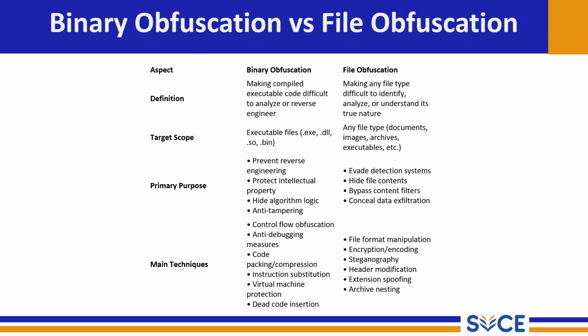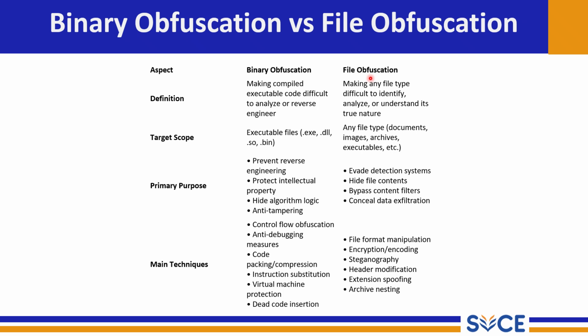And next we will discuss the general differences between binary and file obfuscation, right? First of all, the definition: binary obfuscation is making compiled executable code difficult to analyze or reverse engineer. And file obfuscation is making any file type difficult to identify, analyze, or understand its true nature, right?